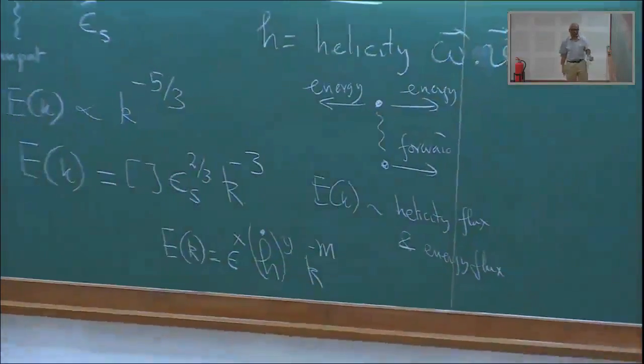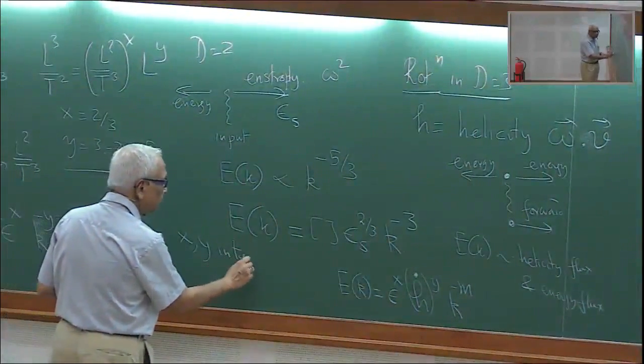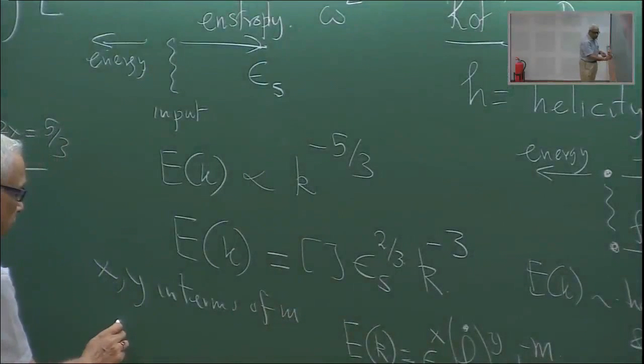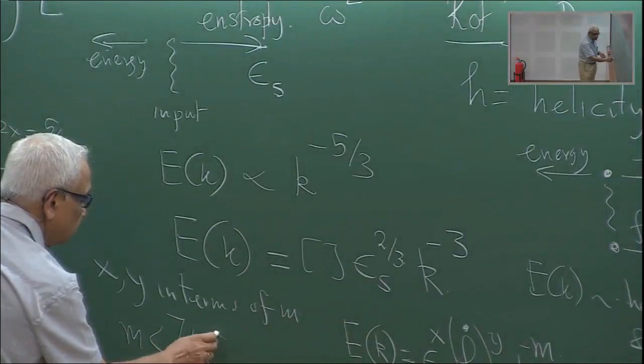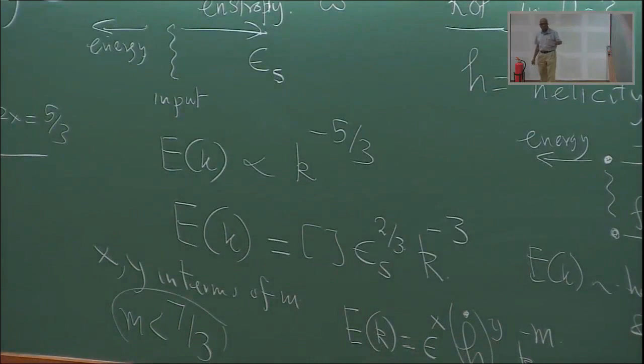So as an exercise, do x, y in terms of m, and you should be able to conclude that m has to be less than 7 by 3. That's the bound which was found by Shagor some 9 years ago, and which is a respected bound.